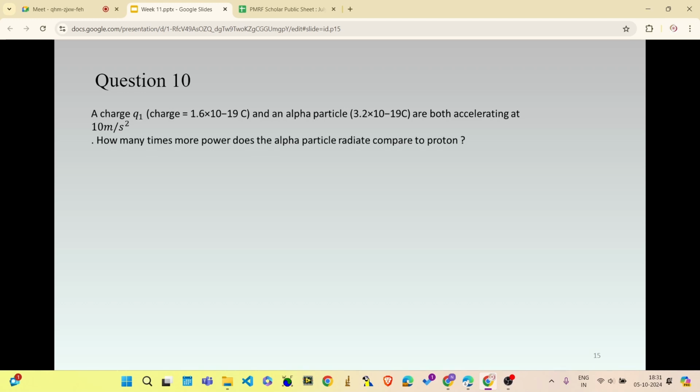Alpha particle has 2 coulomb of charge because it's a helium nucleus, and 2 electrons are removed, so plus 2 charge. Q1 has this much charge, the alpha particle has this much charge.